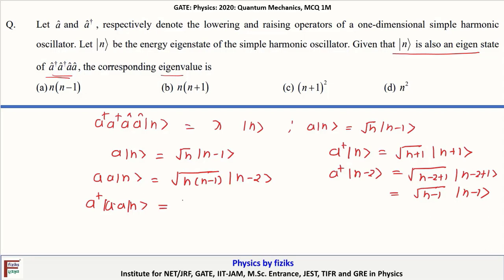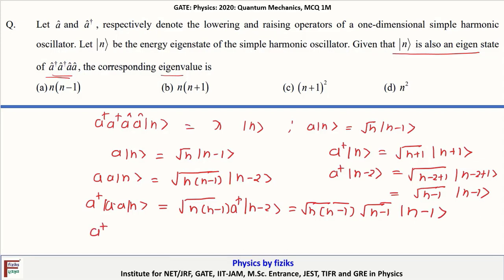So when we operated here, root n into root n minus 1, we got a dagger |n minus 2>, and that gives us root n into root n minus 1 into root n minus 1 into state |n minus 1>. That means a dagger a |n> equals root n into root n minus 1 into |n minus 1>.